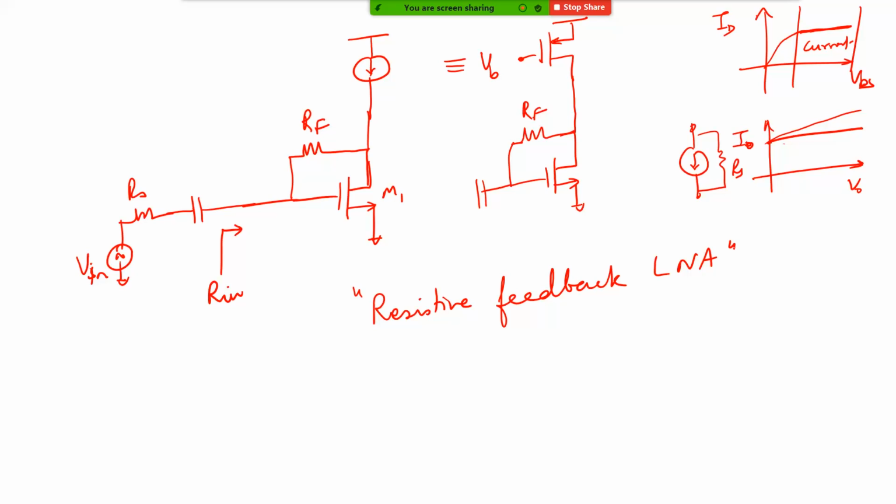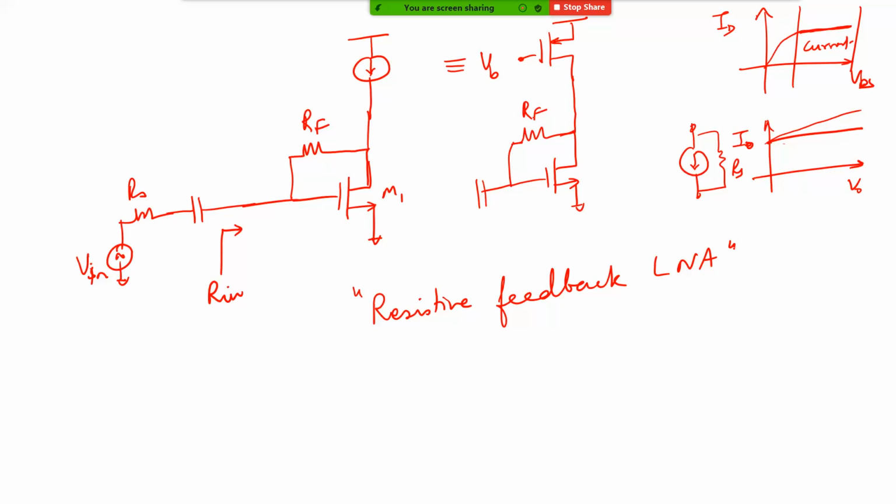With all this MIMO and things like that, where you have multiple receivers, if you want to be area efficient, and you are willing to trade off noise figure, resistive feedback LNAs are very widely used. We will look at the derivations related to this type of LNA in the next class.